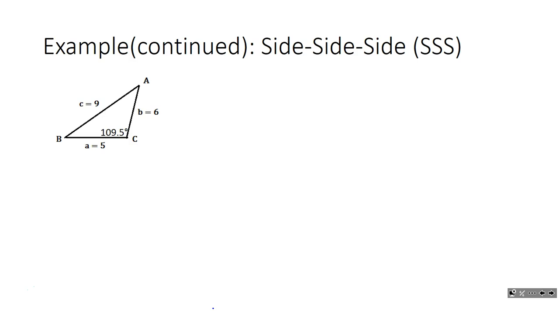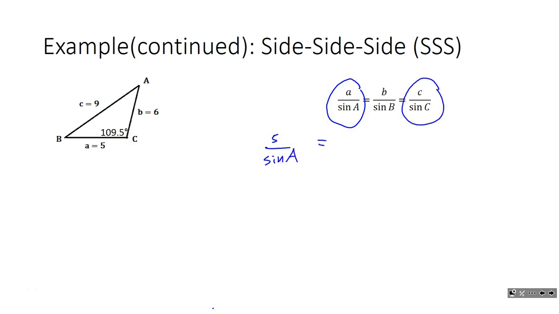So I'll just find A. Now the nice thing is we can reach for the easier law of sines now since we know both angle C and side C. So in order to find out what A is, that would be side A, which is 5, over the sine of angle A, and then using this third fraction which we have information for, that would be 9 over the sine of 109.5 degrees. As always, cross multiply.